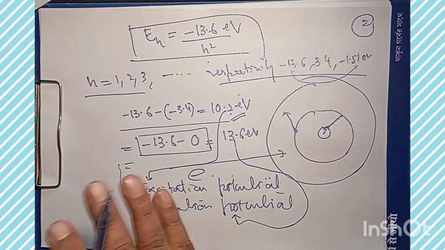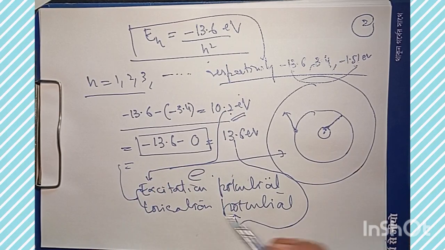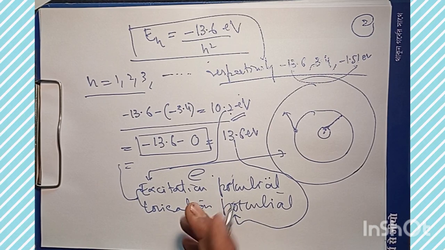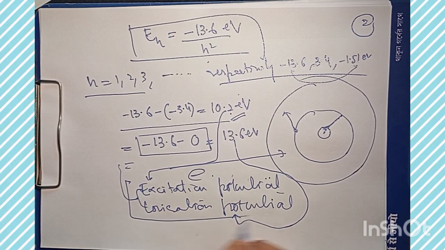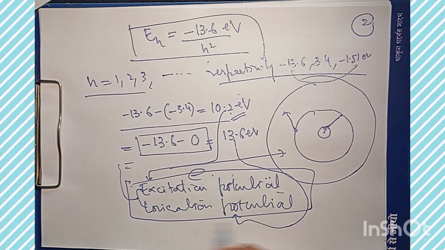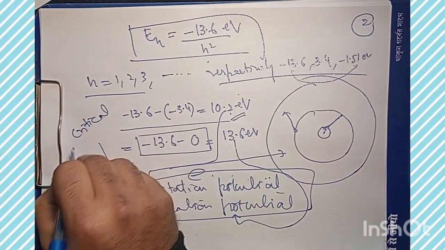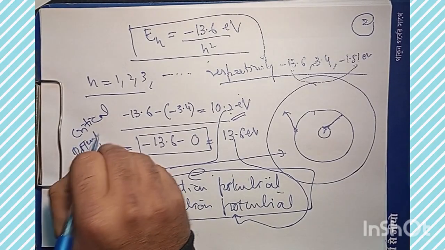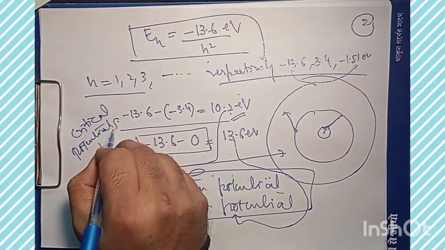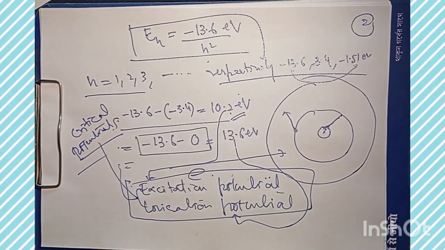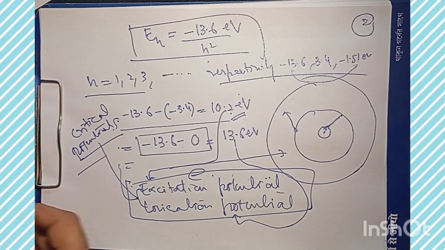All these together, whether excitation potential or ionization potential, we call critical potentials. That's it. This is how we understand the excitation potential and ionization potential.